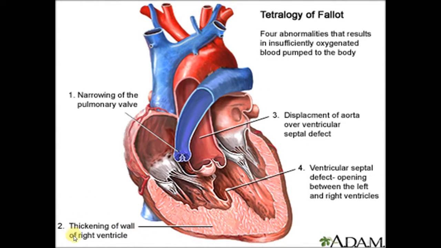The second feature is thickening of the wall of the right ventricle, hypertrophy of the right ventricle. The third feature is ventricular septal defect, and we have displacement of the aorta over the ventricular septal defect, meaning overriding of the aorta. This is the aorta, over the area of the ventricular septal defect.